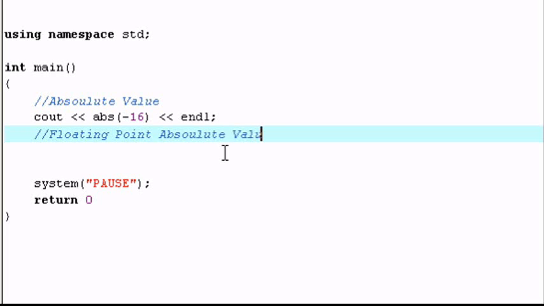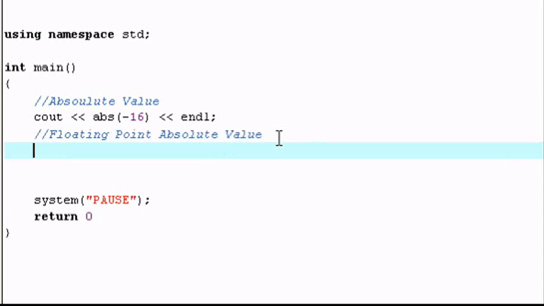I'm pretty sure I spelled absolute wrong, but whatever. But this time let's make a variable. Let's call it double my number, and let's make it equal to negative 3.6. I like negative 3.6 better.